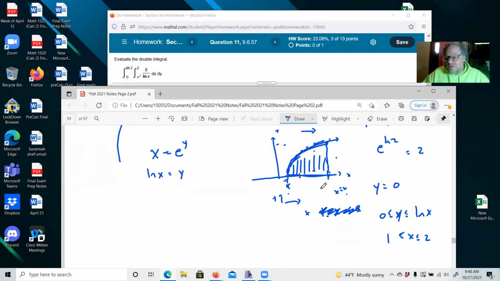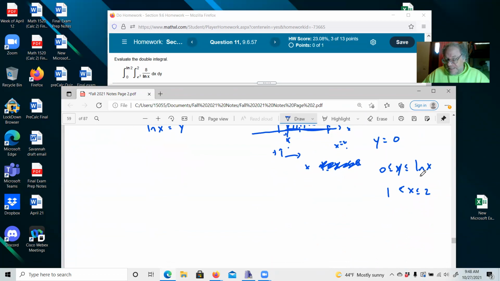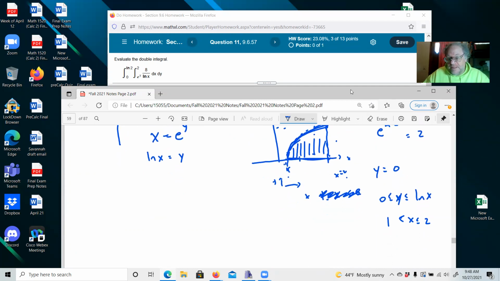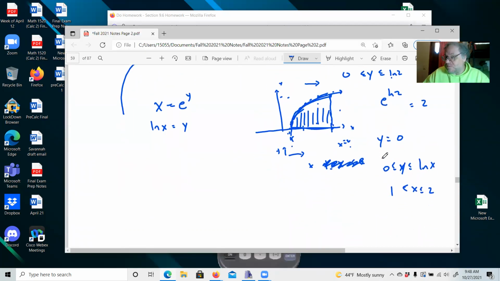So this is what you have to do in order to swap the integrals: you have to deal with the fact that one variable is in terms of another one. This gets even more pleasant.